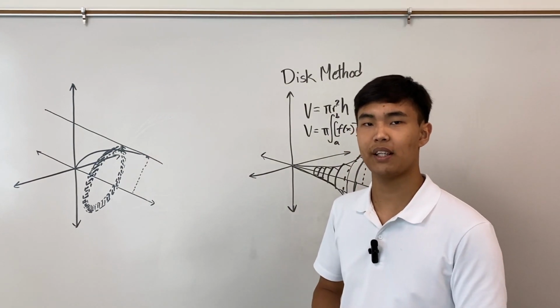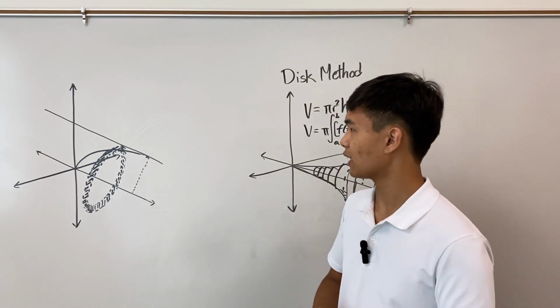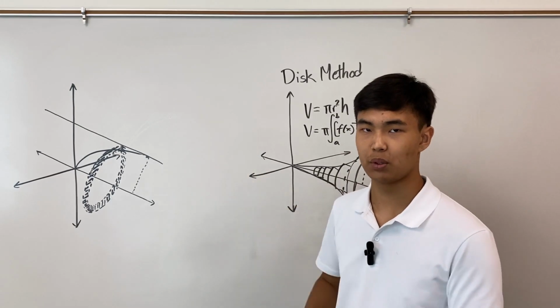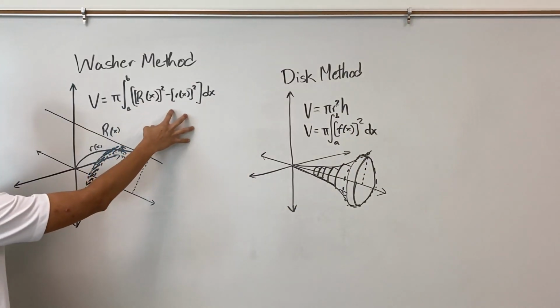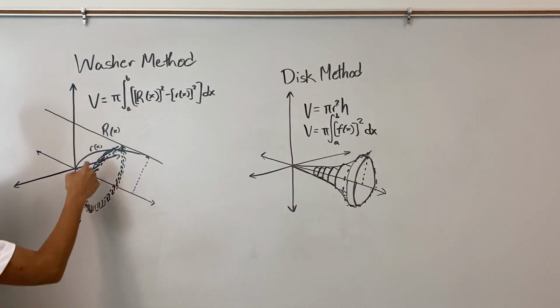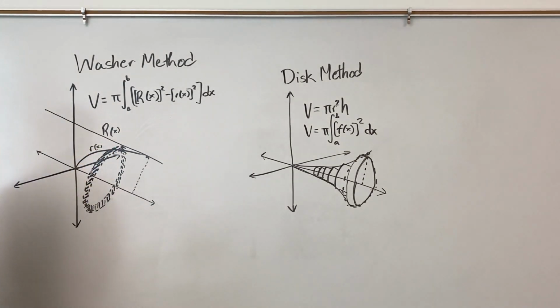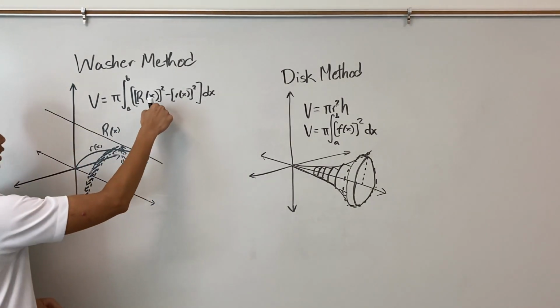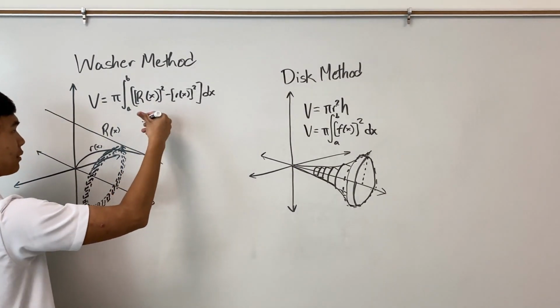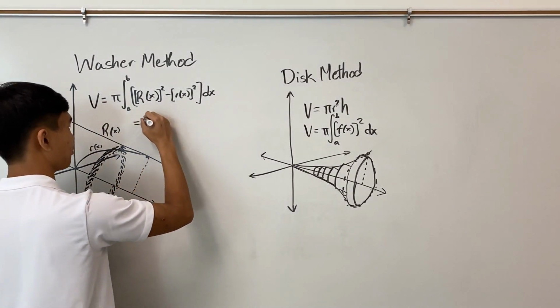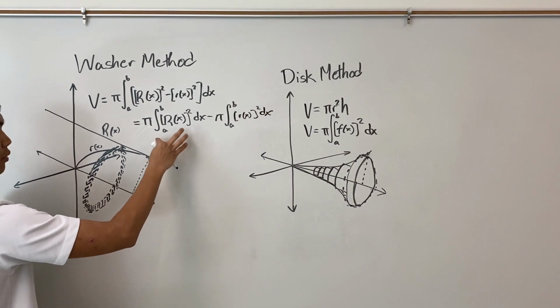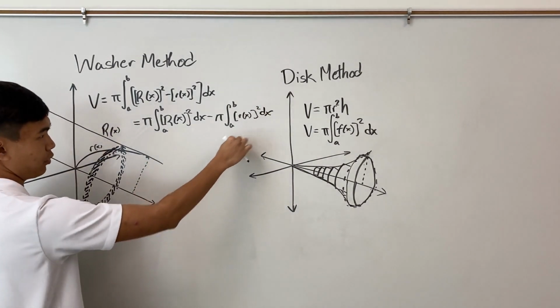This is really similar to finding the area between two curves, except now we're finding the volume between two curves. This integral is what you use to find the volume when this area is revolved around an axis of revolution like the x-axis. And this is called the washer method. Notice that if we use the properties of integrals to split this apart, we have this, which is big volume minus little volume.